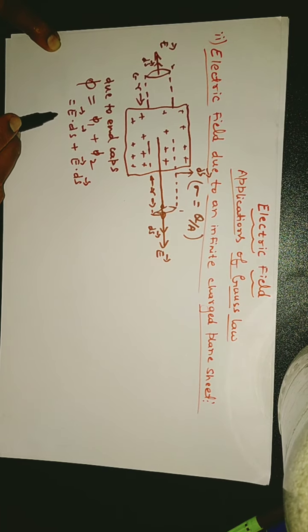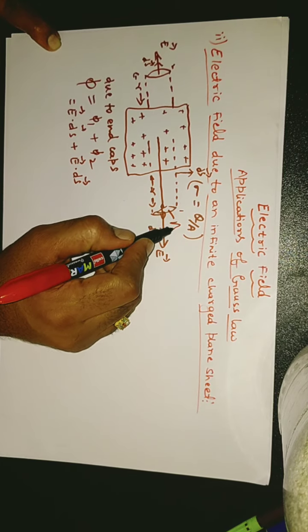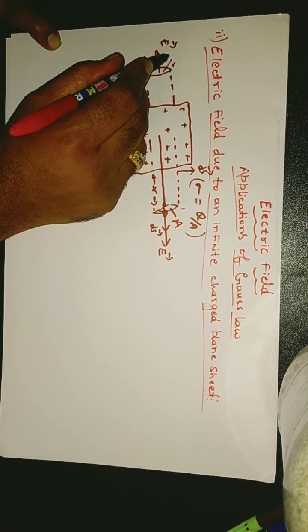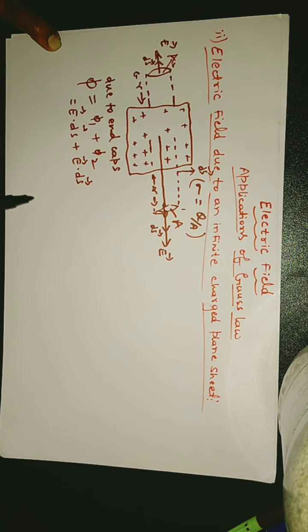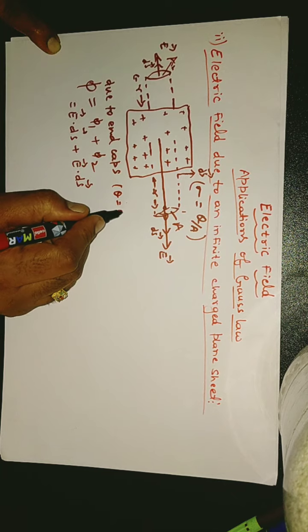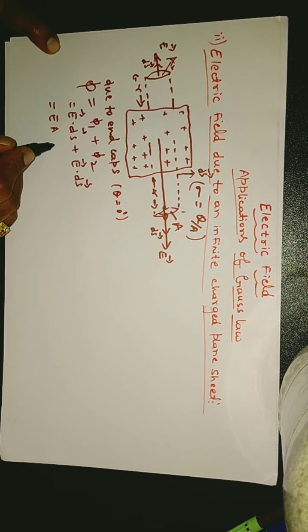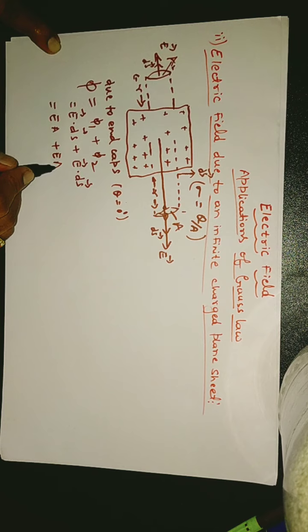But you know that it is E cos theta into ds. We shall assume the area of each end cap is equal to A. Theta for end caps is 0 degree. Since theta is 0, cos 0 is 1. So this will be equal to E into A plus E into A, which is 2 times E into A.